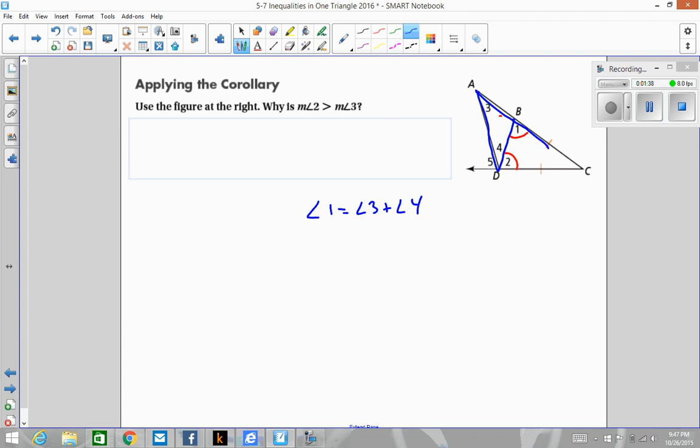We know that angle 2 is equal to angle 1. Therefore, we know angle 2 is equal to angle 3 plus angle 4. And then we now know that if 2 is equal to 3 plus 4, angle 2 has to be greater than angle 3. So angle 2 is greater than angle 3. All right?